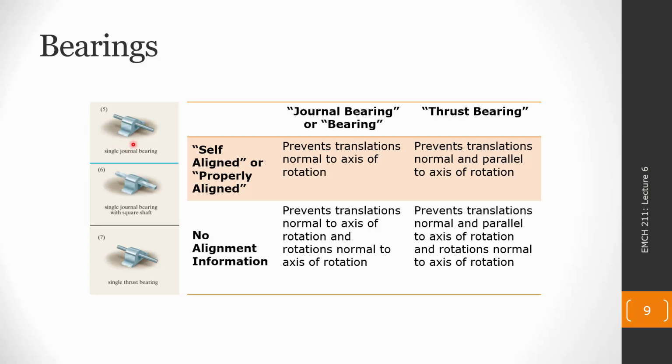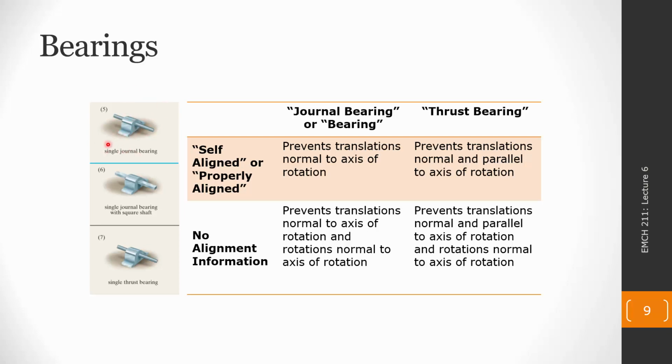If we have a self-aligning bearing, what that means is that the shaft is able to rotate a little bit, at least, around the z and the y direction. Again, we're talking about small rotations here. In a bearing where there's no alignment information, the bearing itself is going to be preventing that rotation, even if it's just a little bit, and the bearing will impart a moment around the z-axis and the y-axis on the shaft.